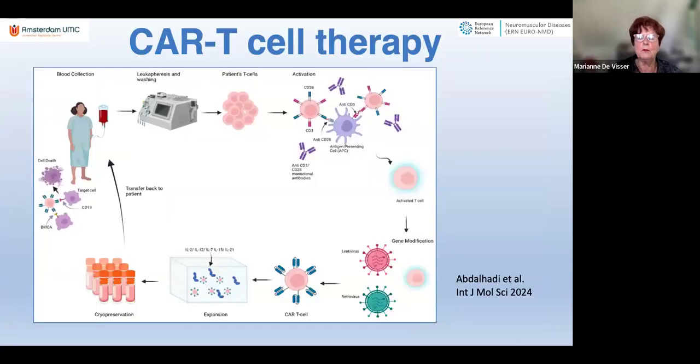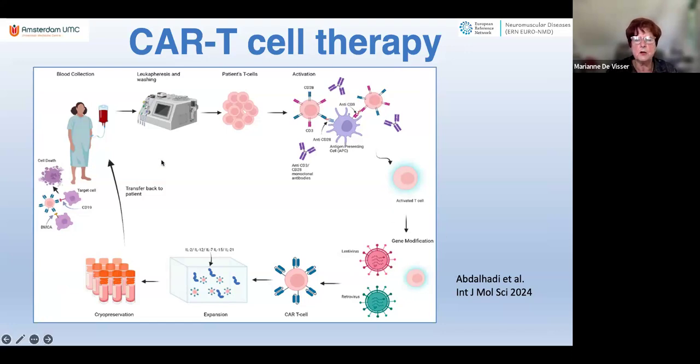What I will elaborate on is a very promising therapy. Actually, it's quite a hype, not only in the myositis community, but also for myasthenia gravis, other immune diseases like lupus, for instance, and rheumatoid arthritis, in inflammatory polyneuropathy, and that is CAR T cell therapy. And I would like to spend a few words on that.